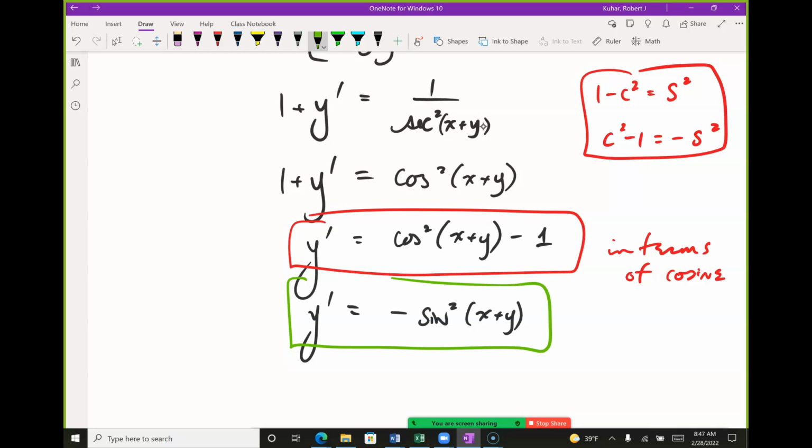And after that, we get cosine squared minus 1, that's minus sine squared, yes? Yes. Okay. So this one is in terms of sine.